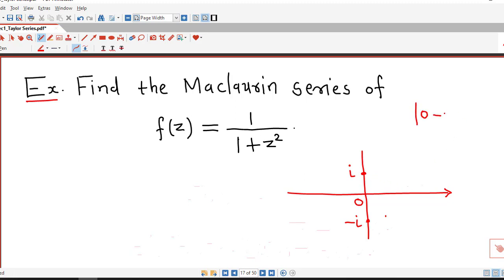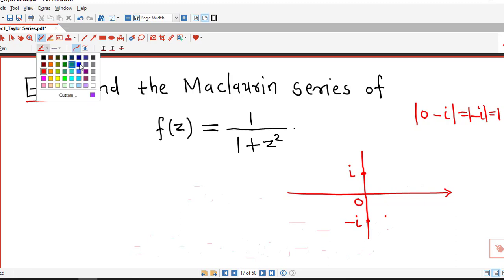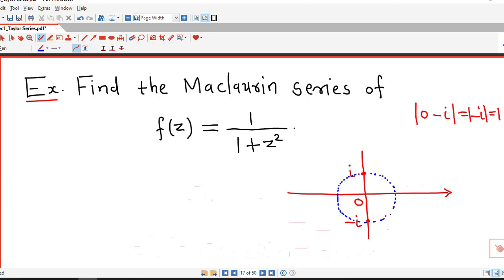If we consider the distance between 0 and i, then it is 1, and similarly distance between 0 and minus i is also 1. So we consider this circle with center 0, 0 and radius 1. So these 2 points at which function is not analytic are outside the disk absolute value of z less than 1.